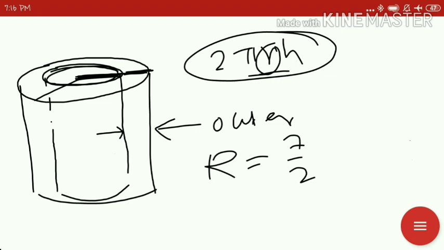Inner radius plus the thickness is equal to the outer radius, because radius should always be calculated from the inner center. So to find the inner radius, it will be outer radius minus the thickness.